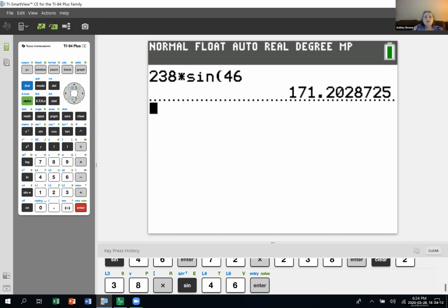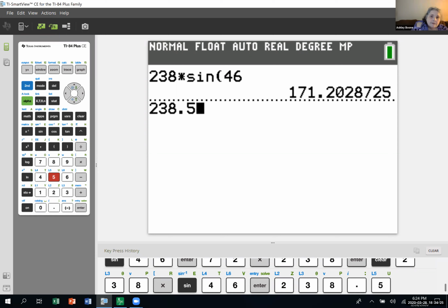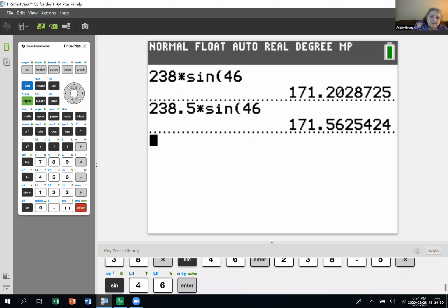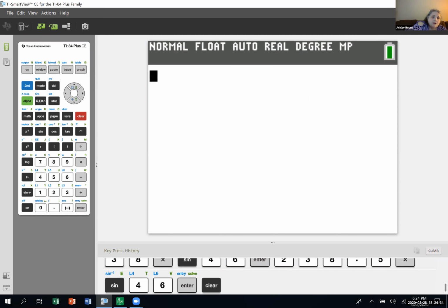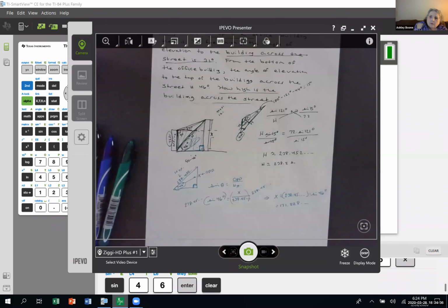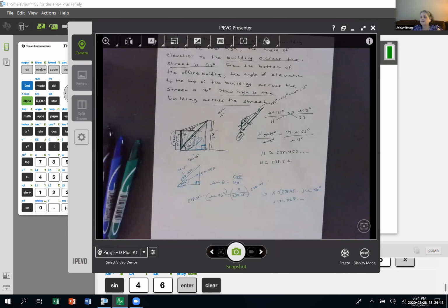My exact answer was 171.5, so on. You get a little bit off. The further you round, the further. If I'd gone 238.5 times sine of 46, the further I take the number, the closer to the exact answer I'm going to get, okay? So be careful. Try not to round until the end of a problem, until you have that final answer.